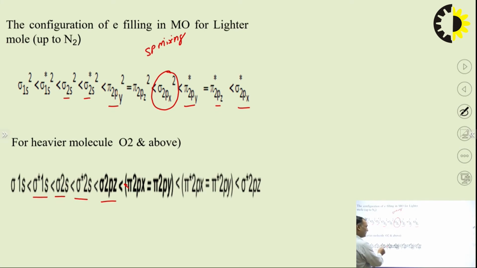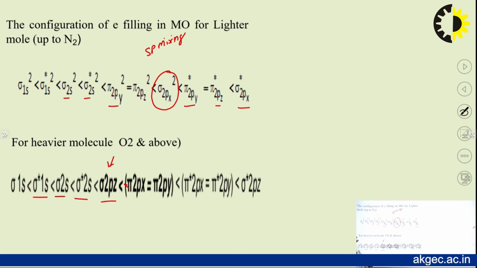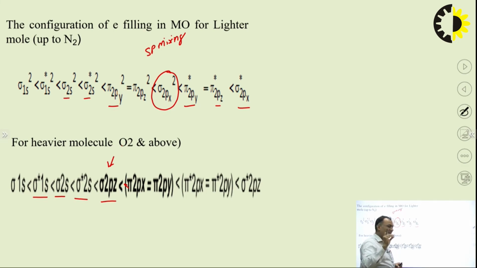Why did this happen? In molecules like oxygen, it is compressed and the energy levels of these orbitals come closer to each other, hence sp mixing will not be done, and due to this, the energy of this sigma 2p z will get reduced.